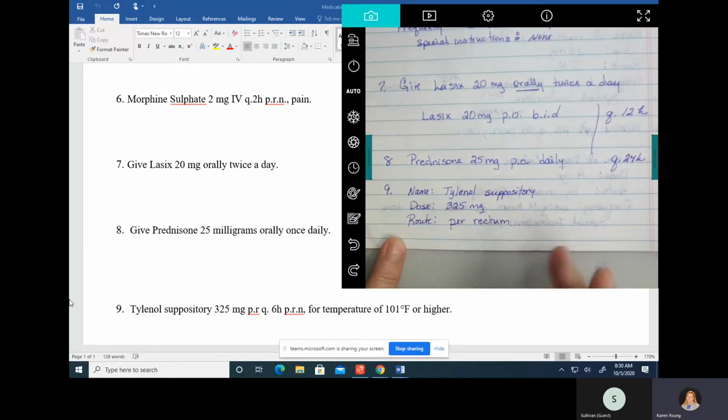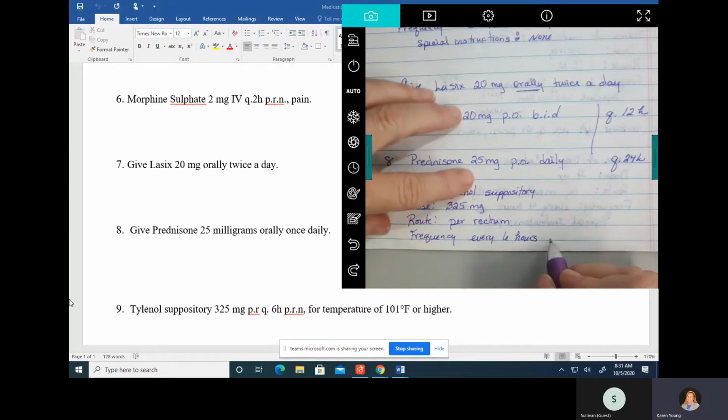Per rectum. When you're going to give a suppository, 90% of the time. My frequency is every 6 hours, right? PRN, or every 6 hours as needed.